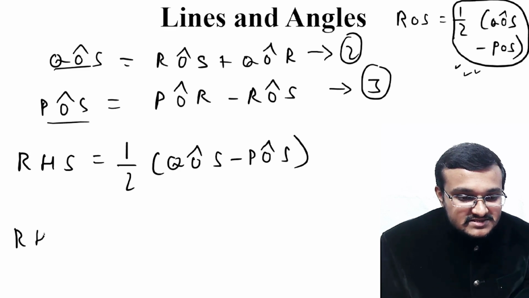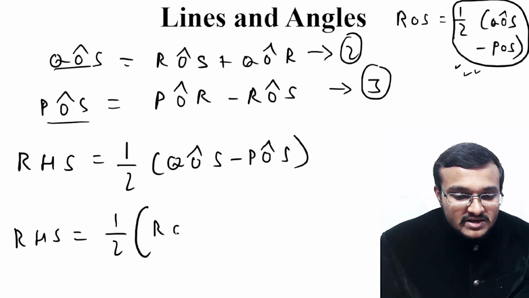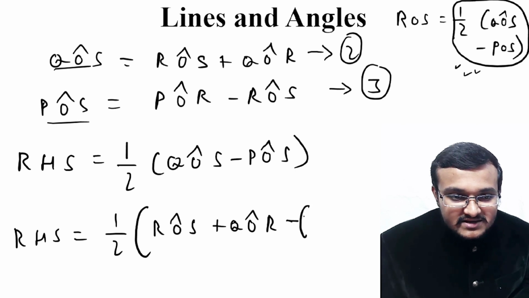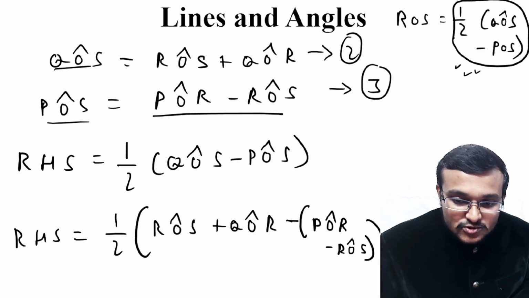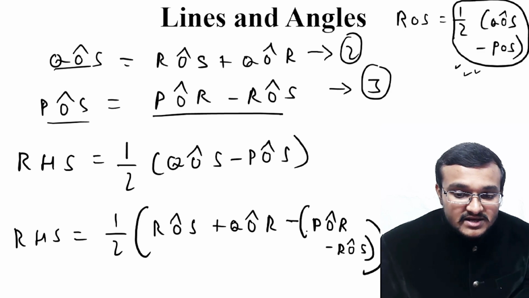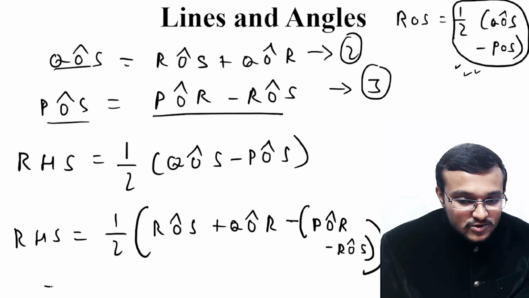So RHS is equal to 1 by 2. In the place of QOS, you can write ROS plus QOR, minus, in the place of POS, you open one bracket, and we have POR minus ROS. Close the bracket and close the bigger bracket as well. Now open this bracket and bring the minus outside.